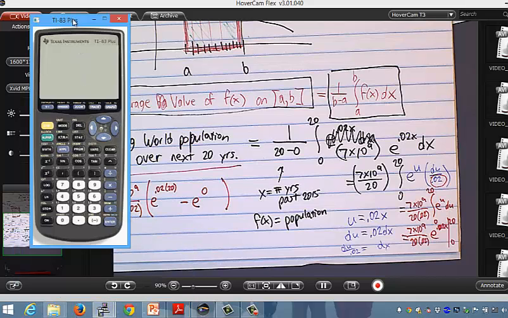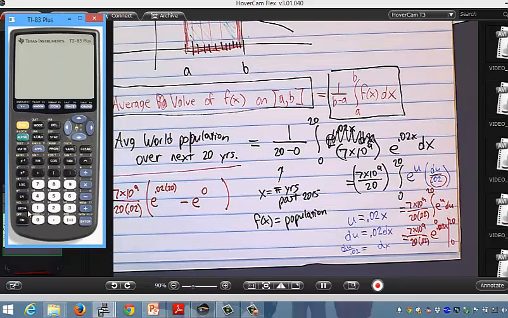All right. Turn it on. Go to the home screen. I have 7 times 10 caret 9. There's my 7 billion divided by 20 times 0.02.